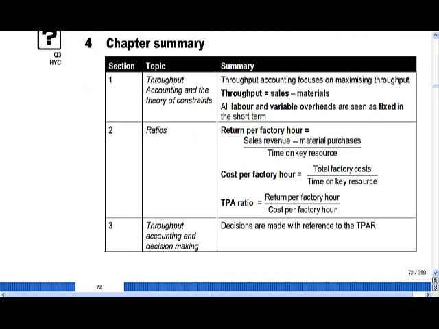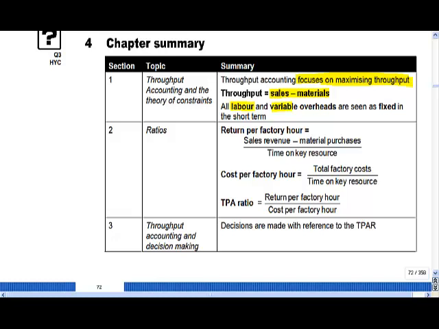Okay, so if we have a look at some of the key things then from our Throughput Accounting chapter. Basically, throughput accounting is a technique which focuses on maximising throughput. What we're concerned with doing is turning our sales into cash as quickly as possible. So we're just measuring our sales less materials to get that throughput return there.